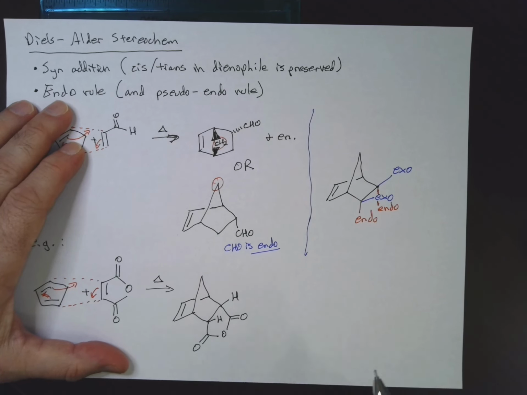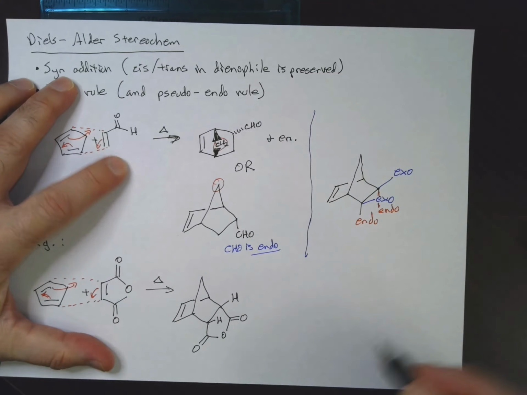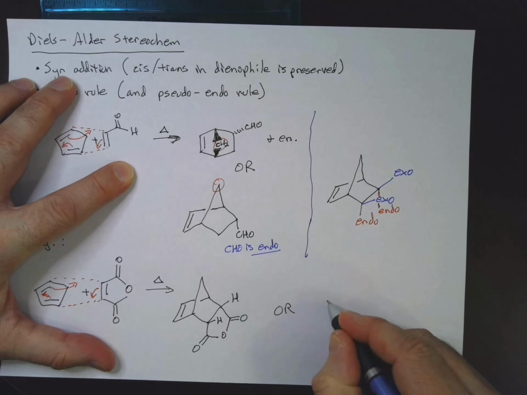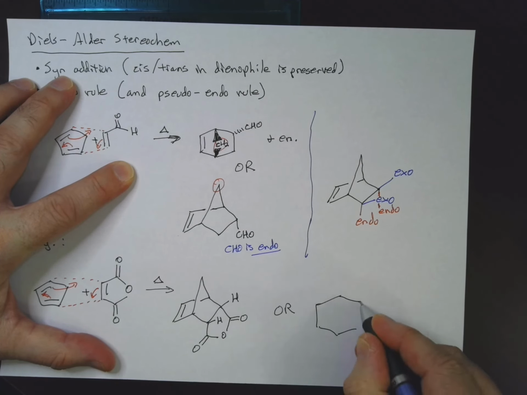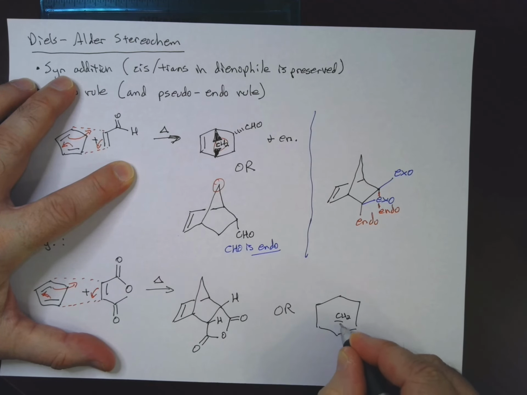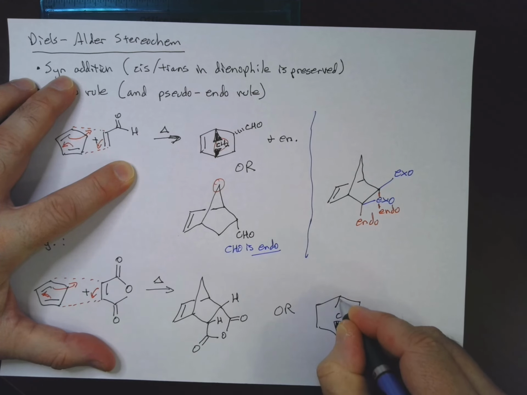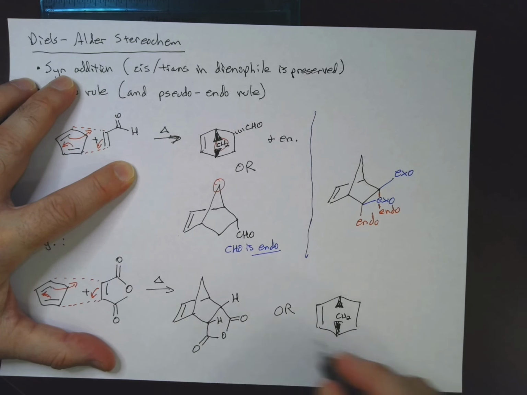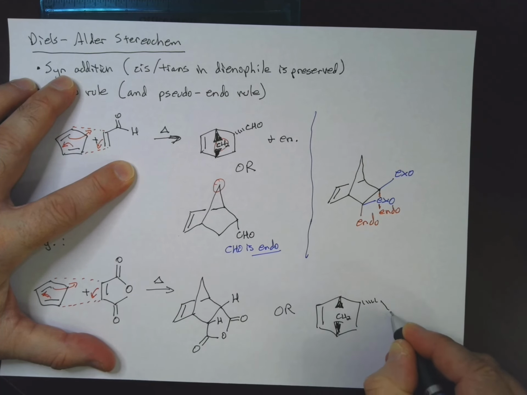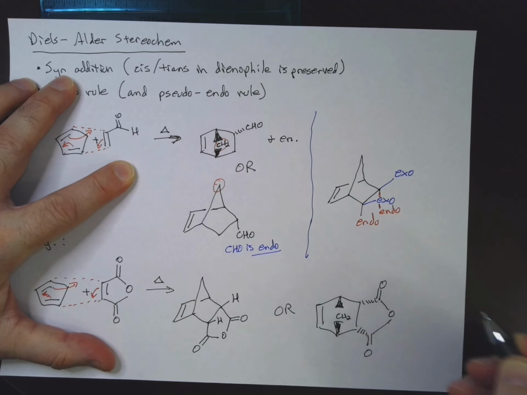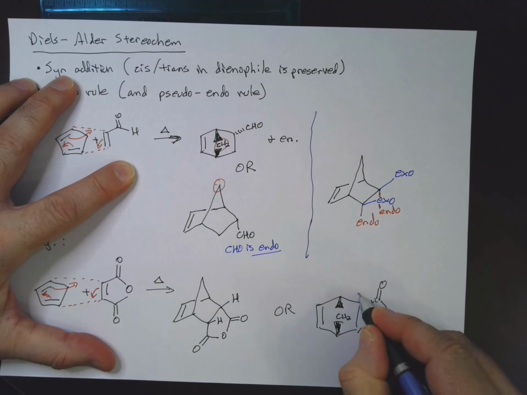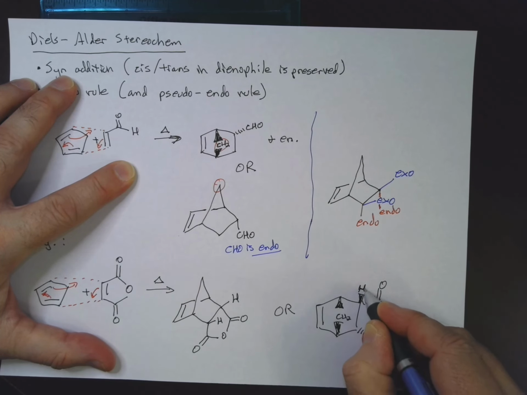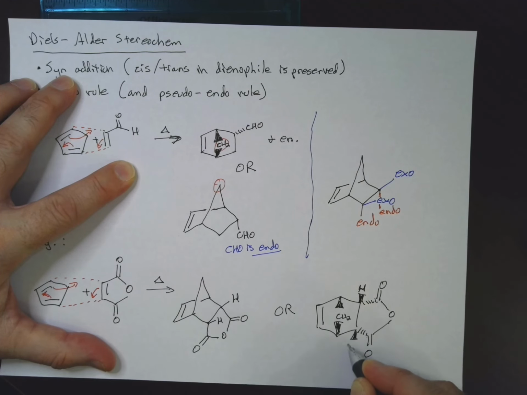Anyway, it's in the endo position. Okay, if I was going to try to draw it that way, that's a little trickier. CH2. And then these guys are going to be going down, so I would have to do something like, if I drew just straight lines there and I indicated my hydrogens were sticking up, then that would be okay.